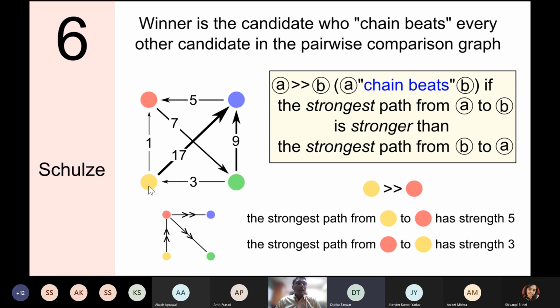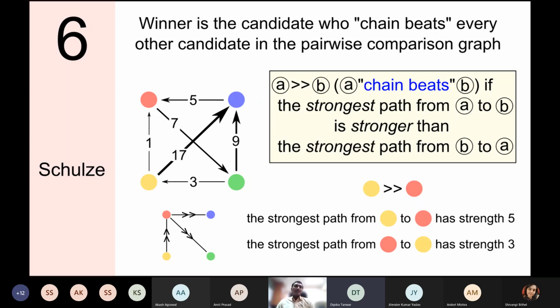There's one of 3 here. There's one going here, but it doesn't come back. So this is 3. And from yellow to green, you have this path here, which is 5 already. So you're beating green already. From yellow to blue to red to green. Okay, sir. Yes, good. Thank you, sir.